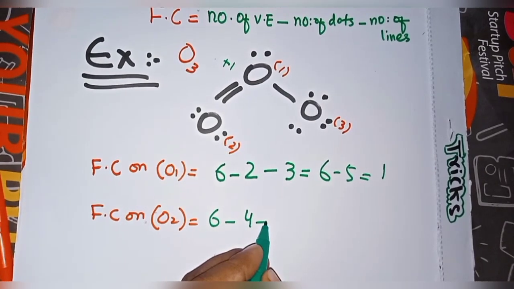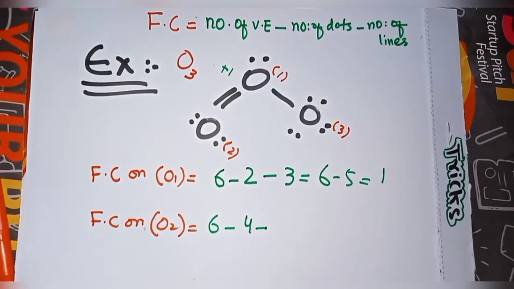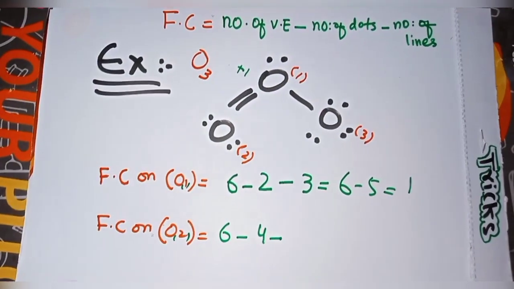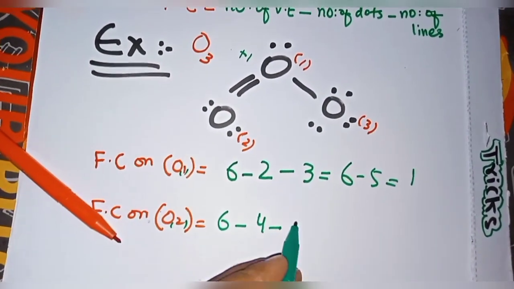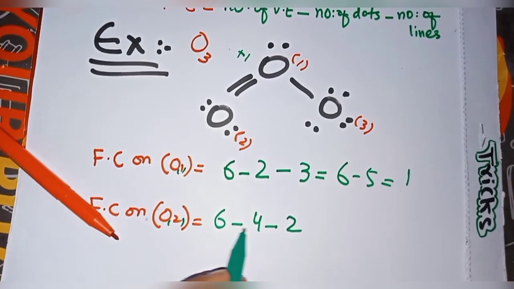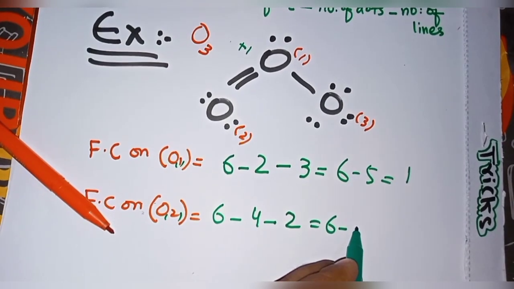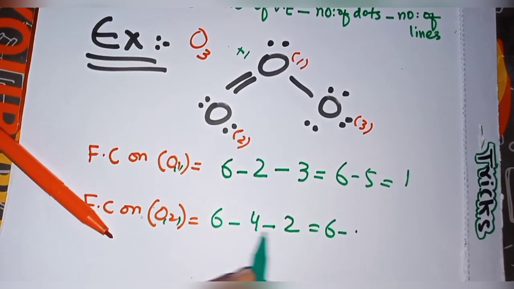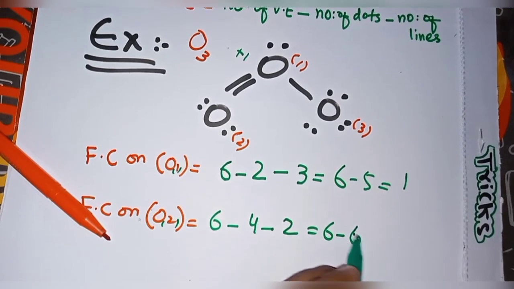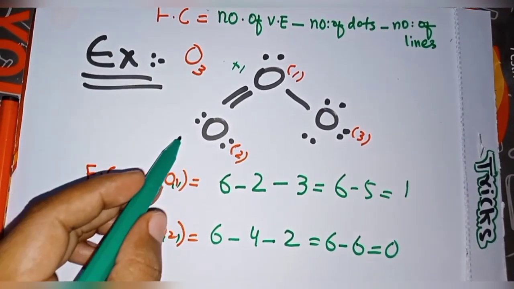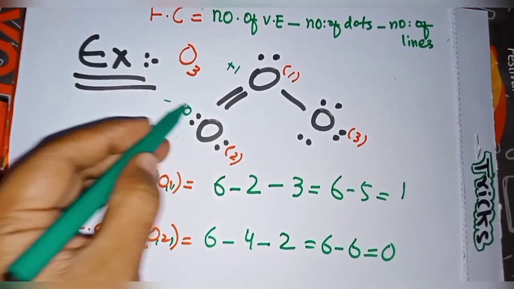The number of lines here is 1, 2, so 6 minus 4 minus 2, so it is equal to 0. So the formal charge on the second oxygen is 0.